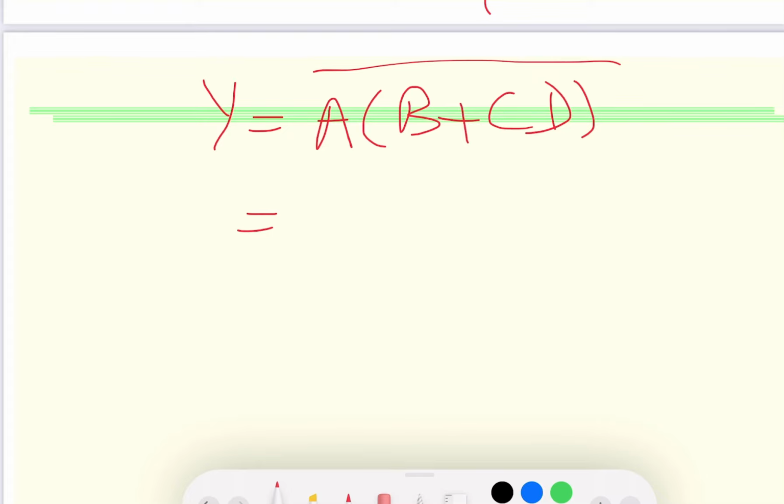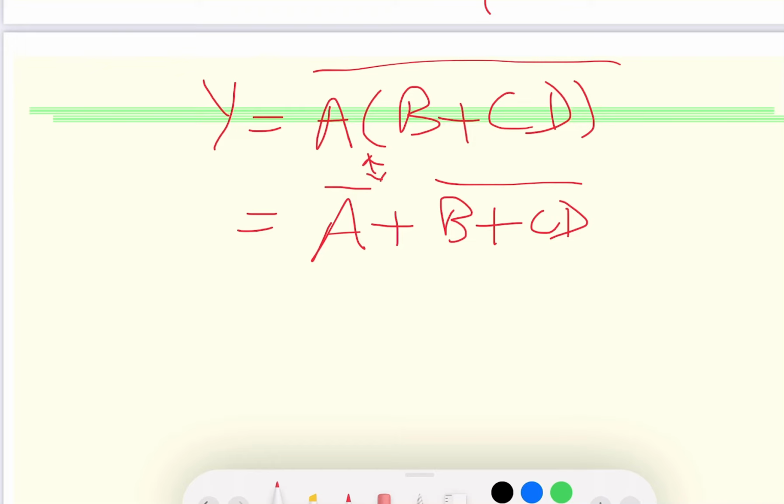The complement can be applied by changing AND to OR, and OR to AND. Sorry, AND to OR, and the complement gets applied to those subparts in there.